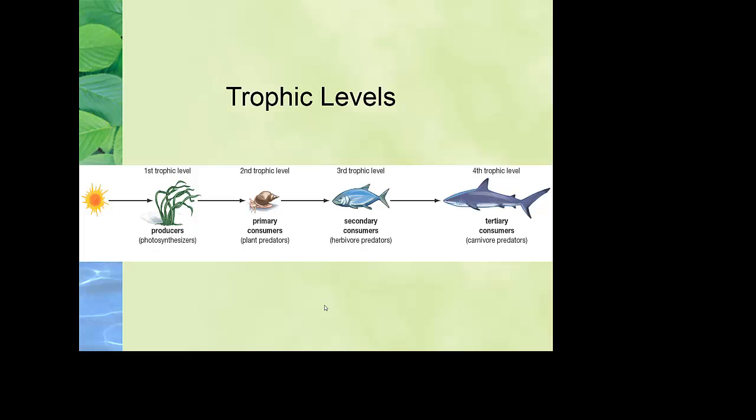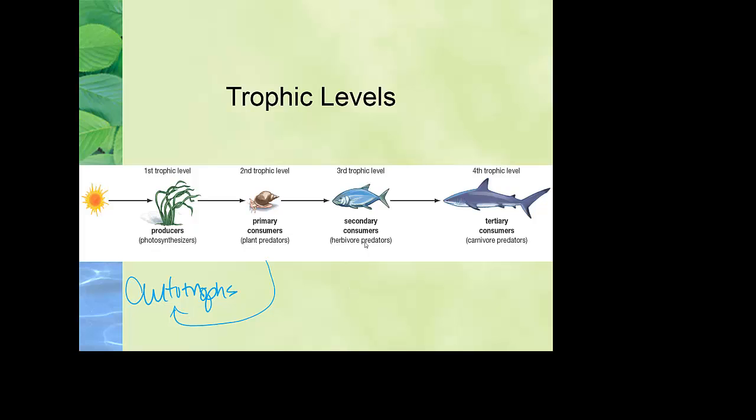So what we see is this interaction of organisms between these feeding levels or trophic levels. So we start with our autotrophs, so they're going to use the sun directly. And then when we look at primary consumers, such as the snail here, the primary consumers are going to eat the autotrophs.